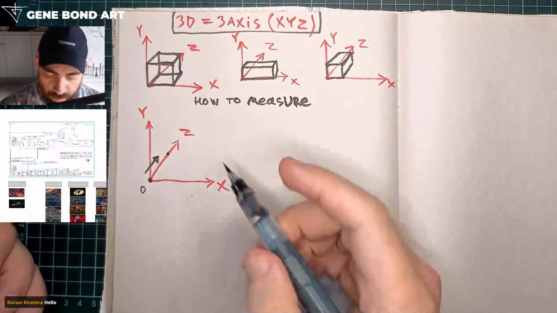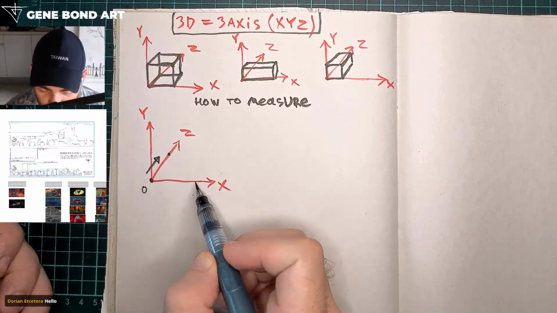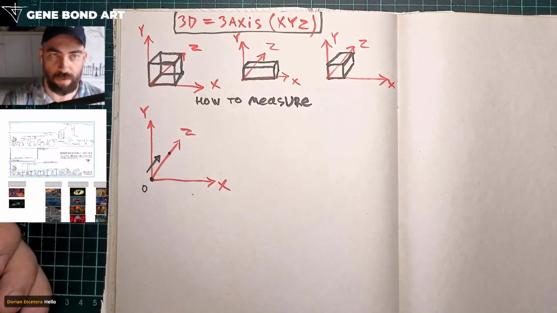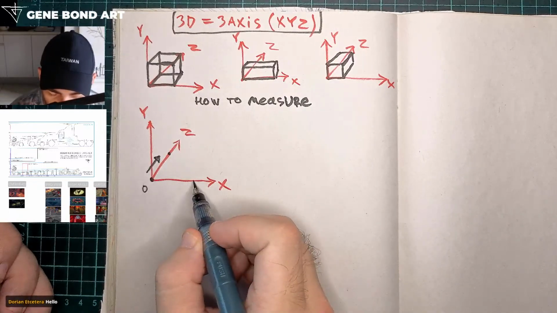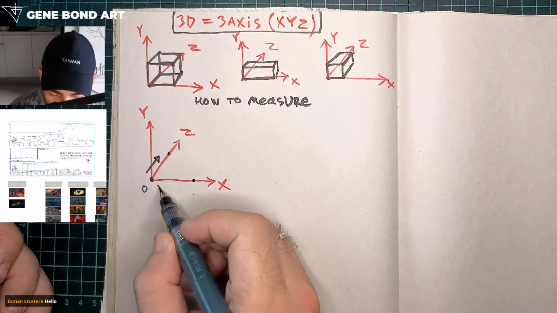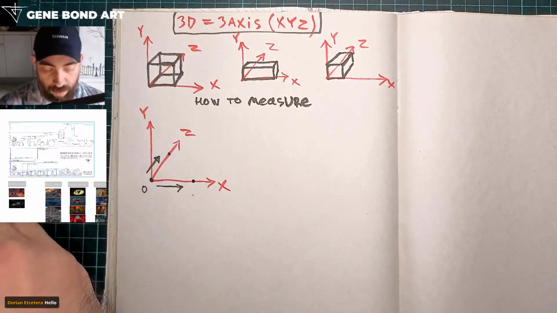Same way, I can move it towards width, right or left. Here I move it towards the right, like this, and same with the height.